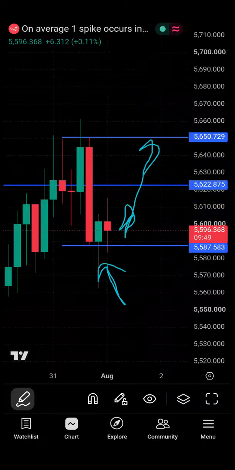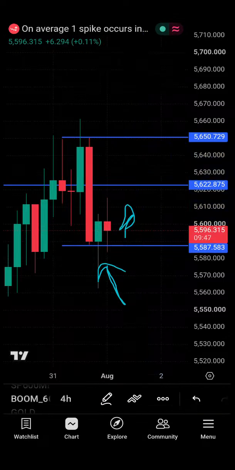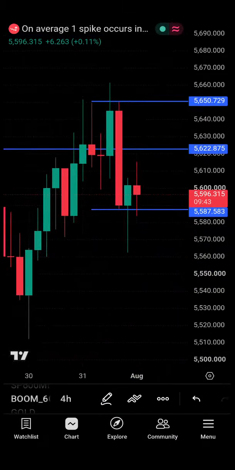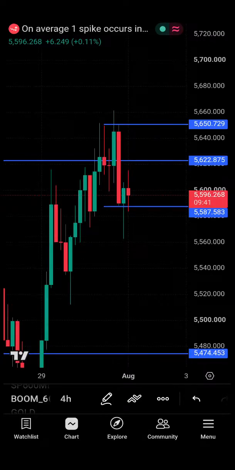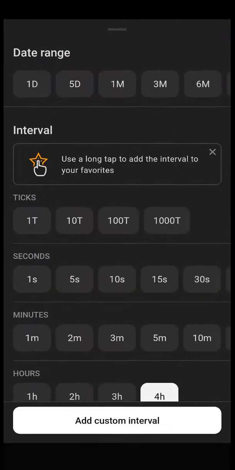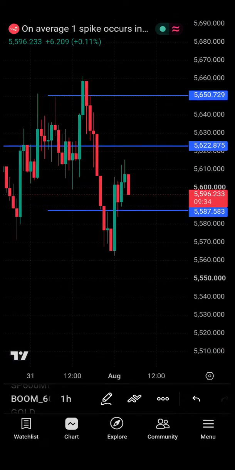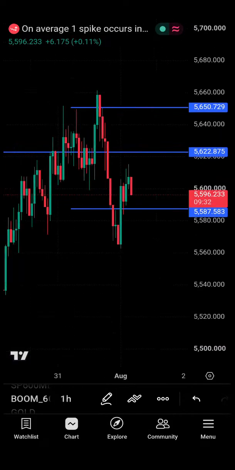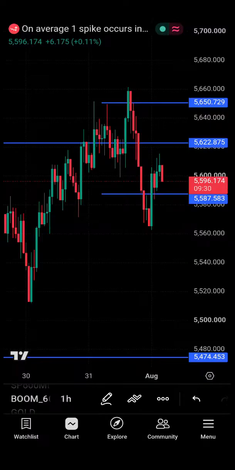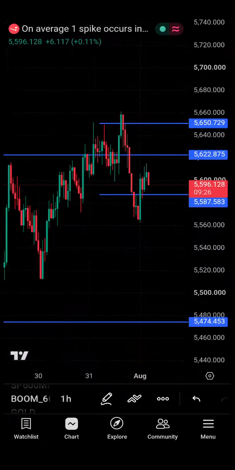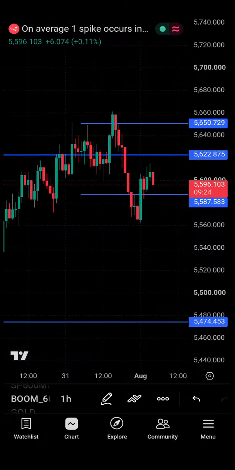Okay, don't just go with one confluence. Check even the 1 hour time frame, what is happening. Look at the 1 hour time frame. Check what is happening on the 1 hour time frame.